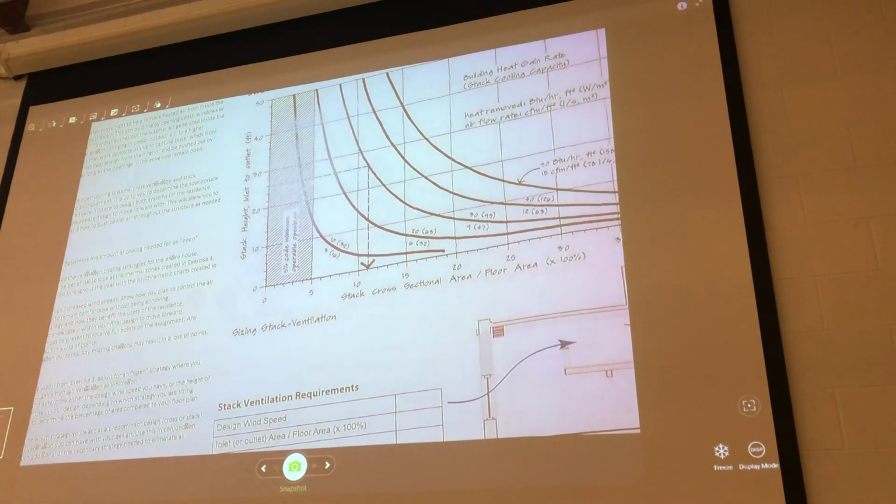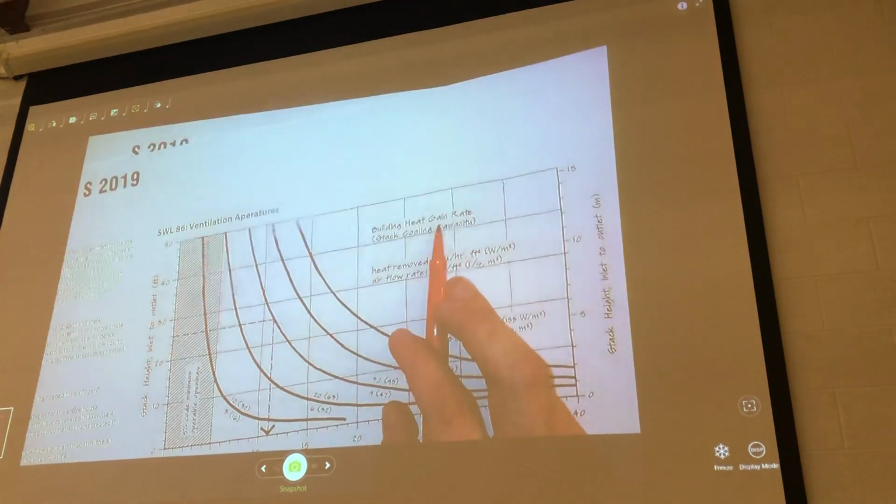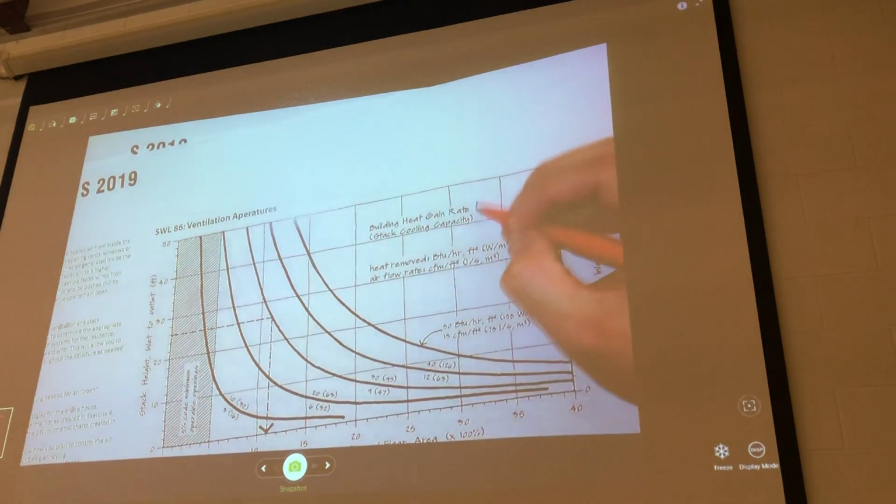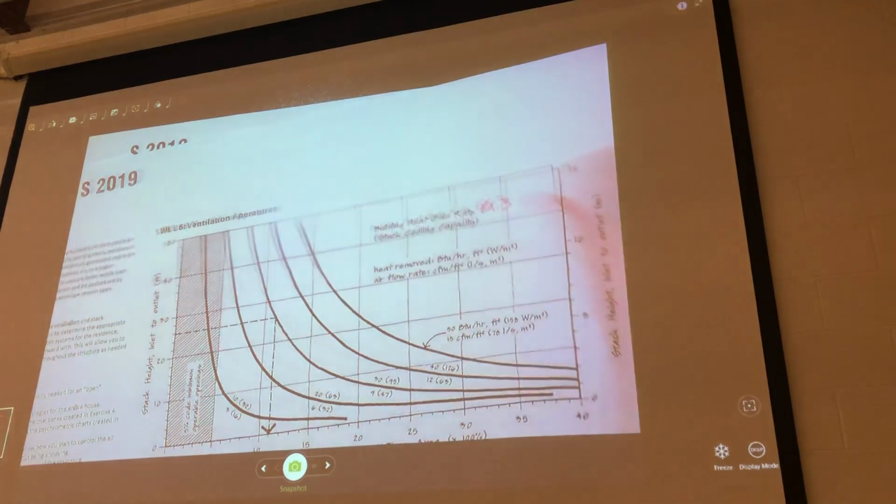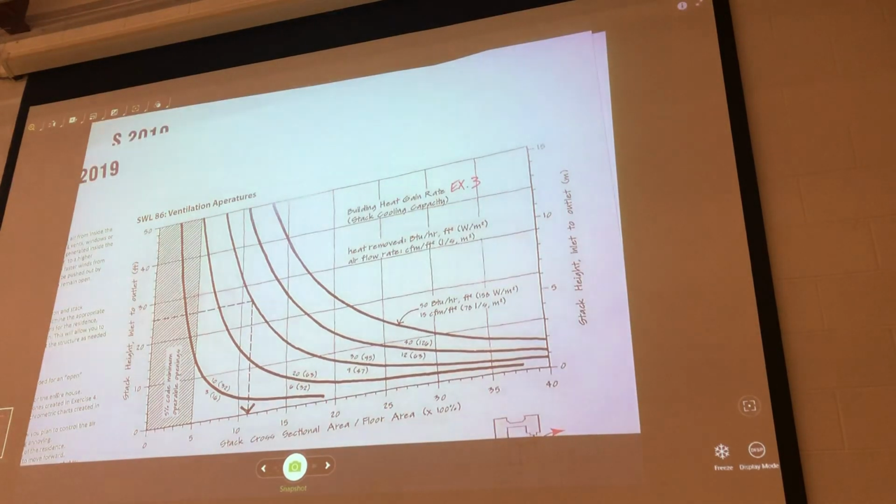Now, obviously, your heat gain rate is coming from exercise 3, whatever your cooling loads are, that was from exercise 3. So who here remembers what their cooling loads were from their building just off of the top of their head? And it really doesn't matter, just throw a number out. 14?